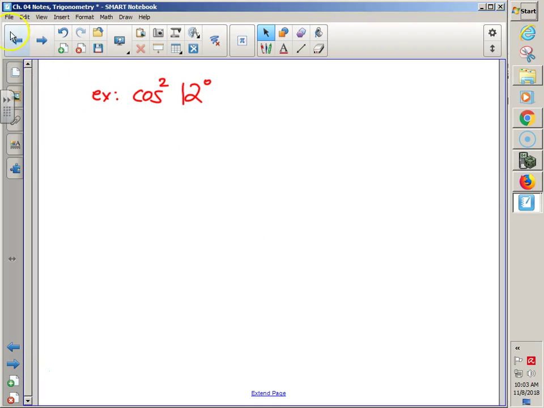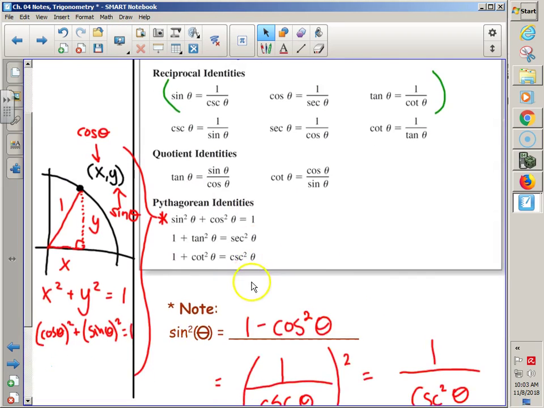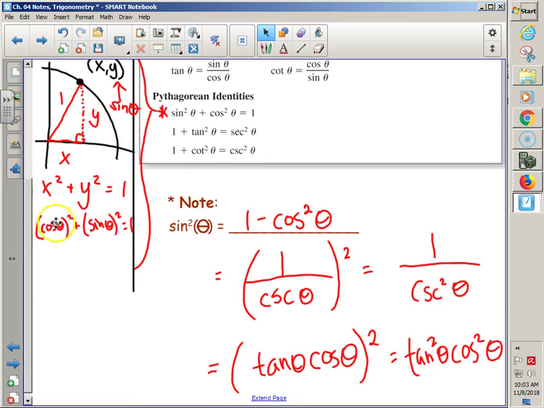Pause. What did I just say on the page before? If you square a cosine, there's a shortcut notation. The problems will give you the shortcut notation, but don't forget where it came from.